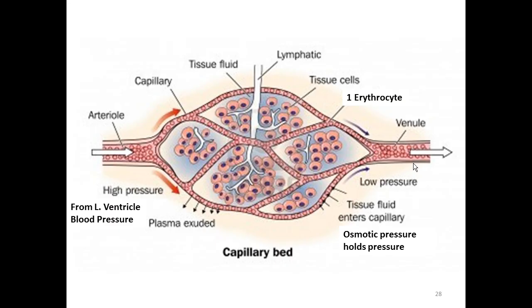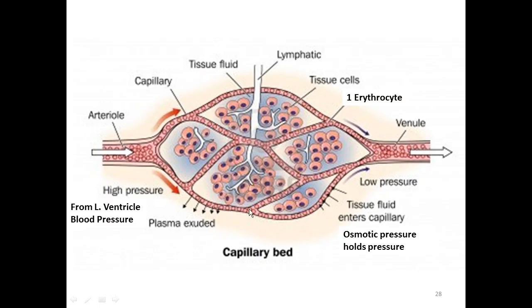And here is the picture that's in the book. And this has all of what we talked about over the last 5 or 10 minutes. You got blood pressure coming from the left ventricle of the heart. And as it loses its pressure because molecules leave, water leaves, something's got to keep this capillary bed running smoothly.